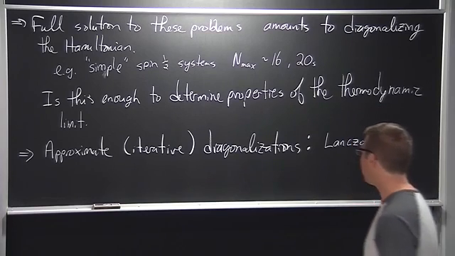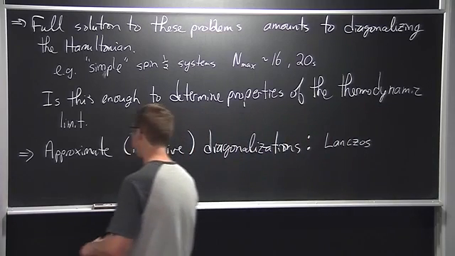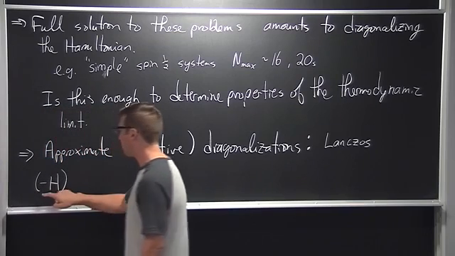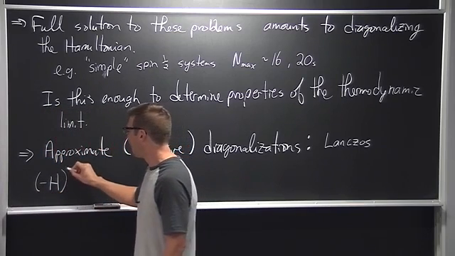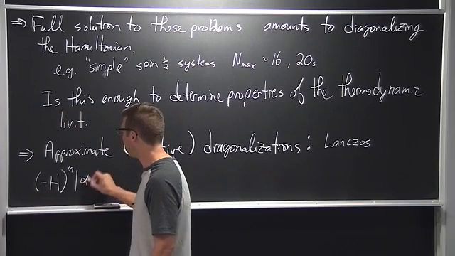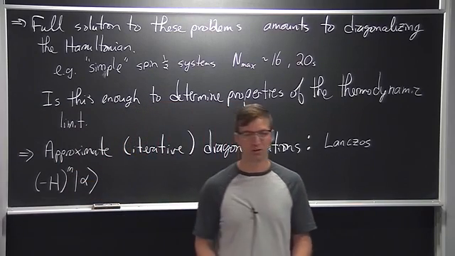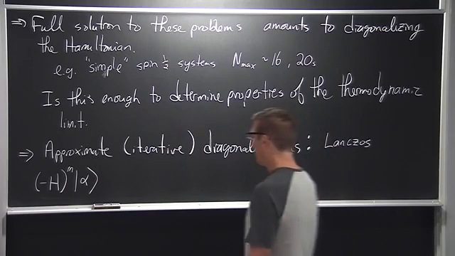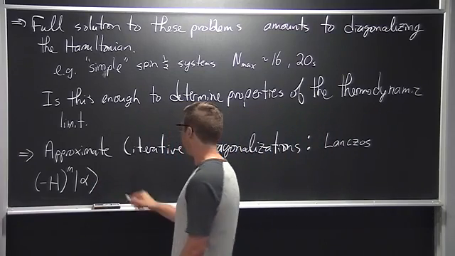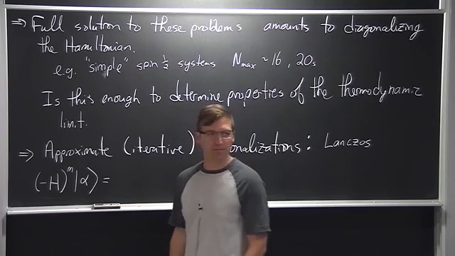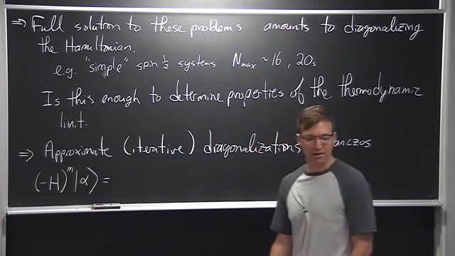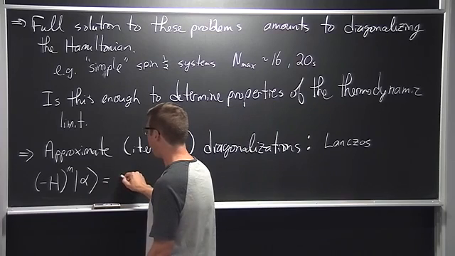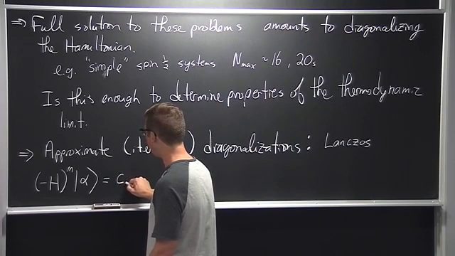And the idea there is that sometimes these are called projector methods or power methods, is that you take the Hamiltonian and you apply a very large power of the Hamiltonian to a trial state. I've just called it alpha. And if that state is written in terms of a decomposition into the, say, energy eigenbasis with coefficient C, then I can write this high power of the Hamiltonian.